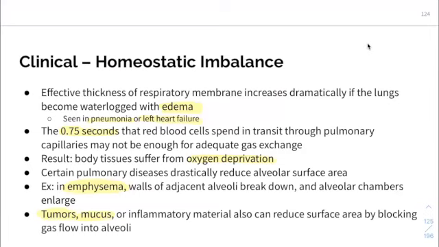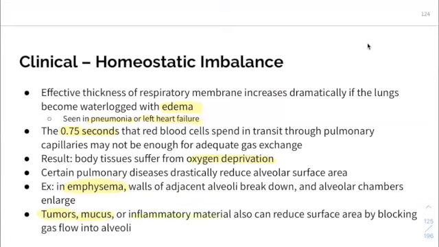That cilia increases the surface area of that cell as well, but that cilia is supposed to push that mucus up into your throat for you to swallow. In cystic fibrosis, the mucus is so thick that that cilia cannot work. So that cilia does not beat. And if that cilia doesn't beat and move that mucus up, the mucus collects down in the lungs. So it blocks gas exchange.